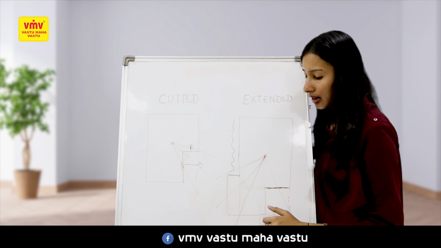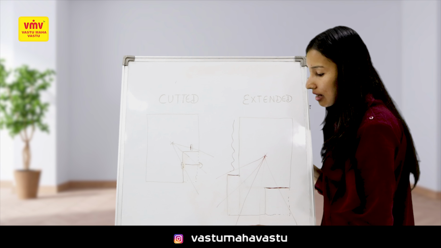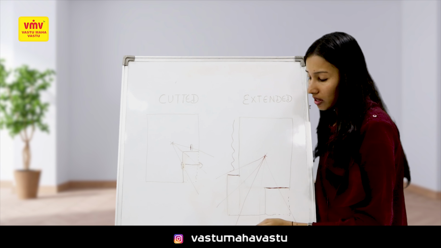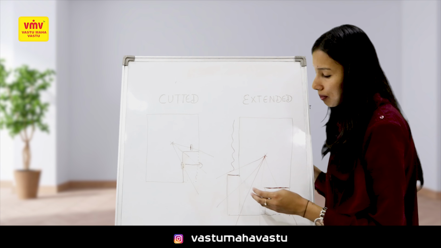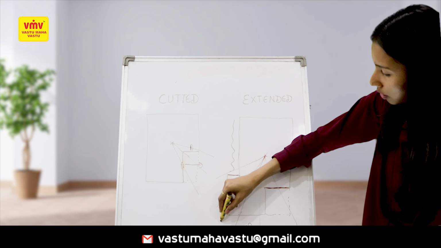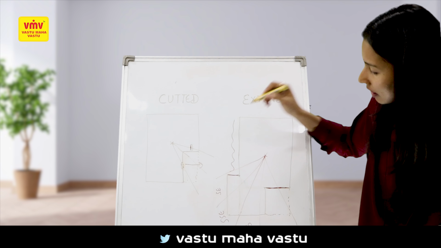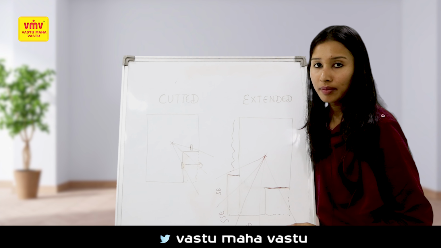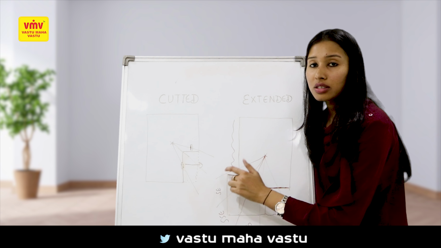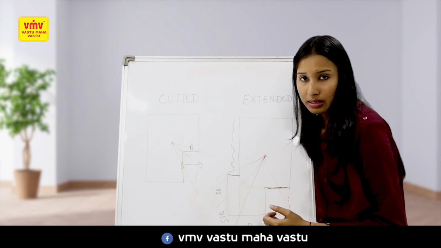So we will be suggesting a sun color again in this extension part, that will balance it and lessen this extension portion. Suppose in this portion your south, southeast and southeast, these 3 zones are coming. So what colors will we suggest, so that this portion can be a little bit less?